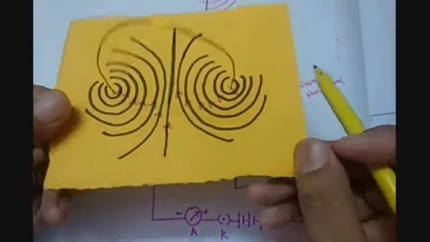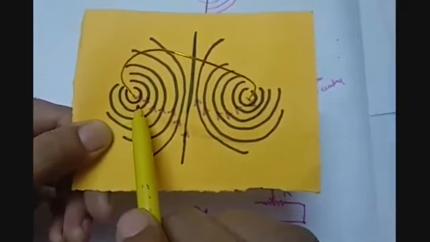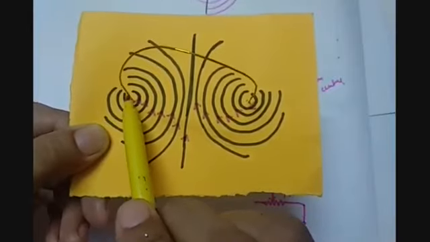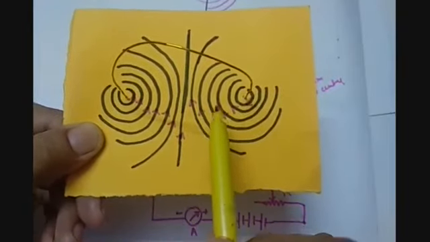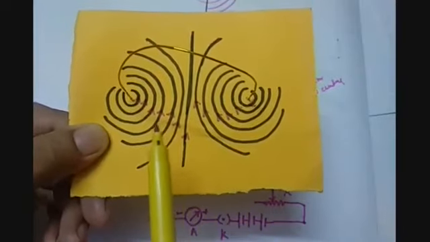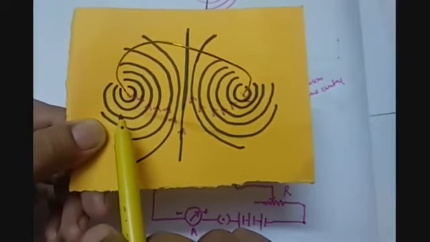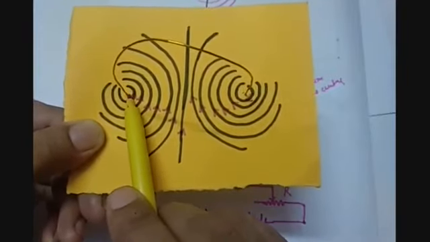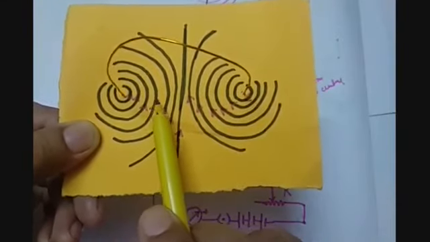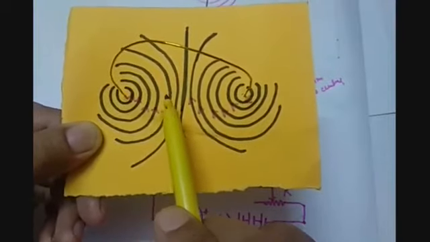On the cardboard sheet you can see I have drawn the concentric circles, and these concentric circles have the conducting wire as the center. So in a circular loop, the magnetic field is formed in the form of concentric circles. And as we go away from this portion of the loop, the magnetic field strength decreases, or you can say the circles become bigger and bigger.